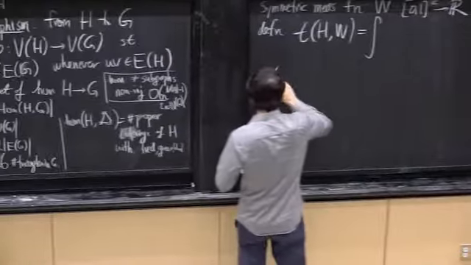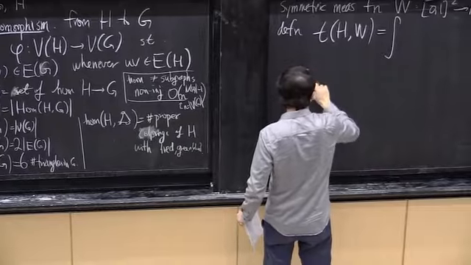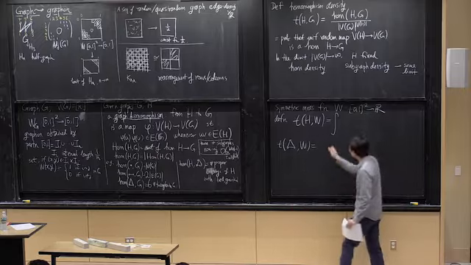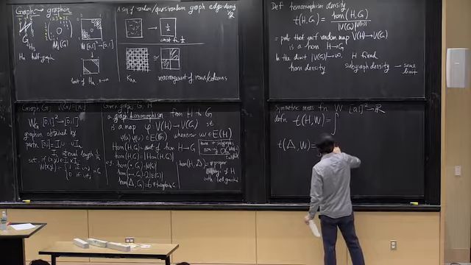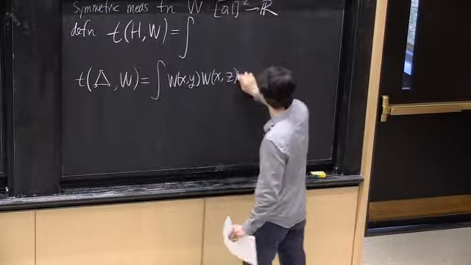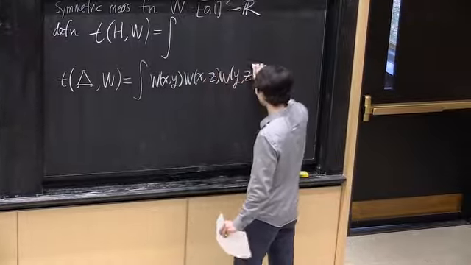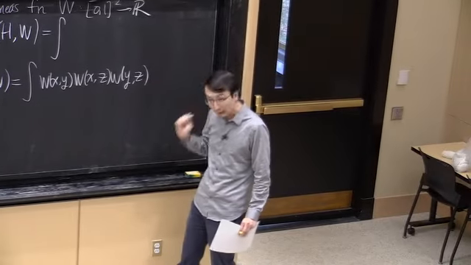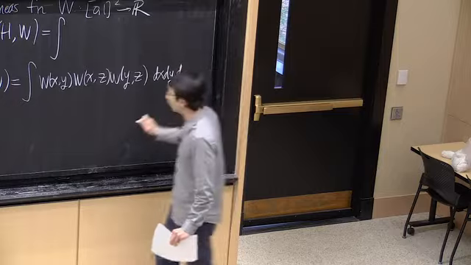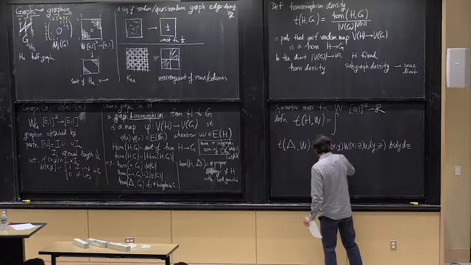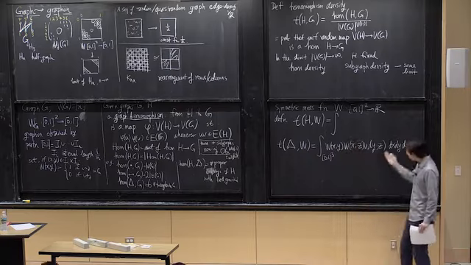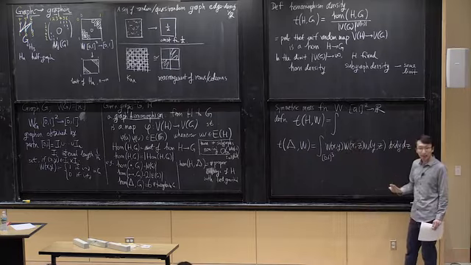If I'm looking at a triangle going to W, what I would like is an integral that captures the triangle density. If I let x, y, and z vary over 0 through 1 independently and uniformly, then this quantity here captures the triangle density in W.